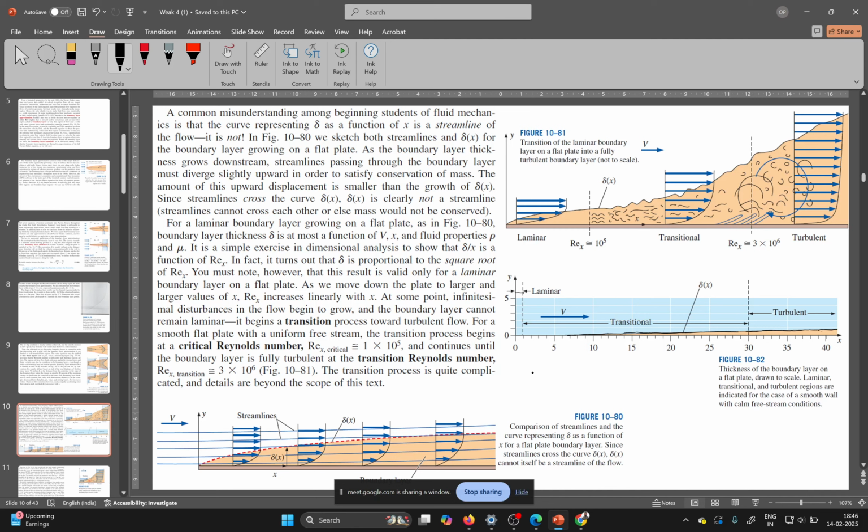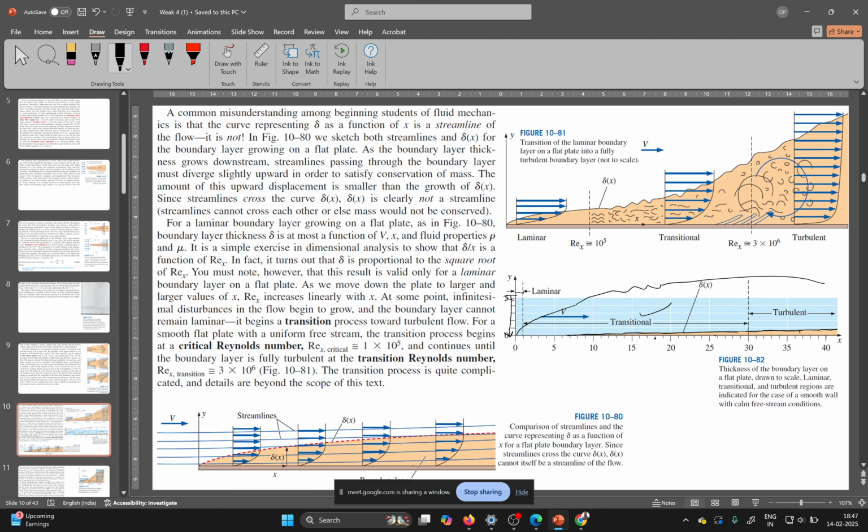But from an interpretation point of view, we draw the boundary layer thickness like that, though it is not really like that. It is very minimum, very less compared to the width. Even if the depth of the flow is that much, the laminar boundary layer thickness is very less compared to the transition phase, which is very large.